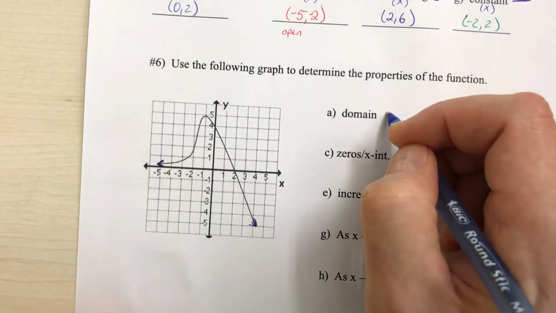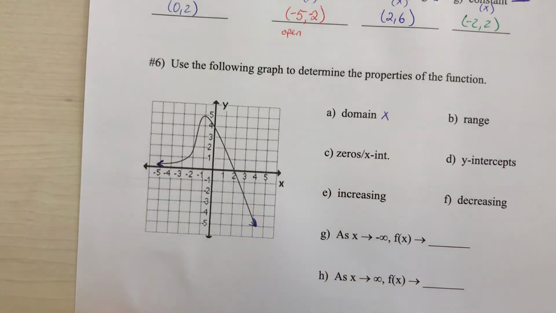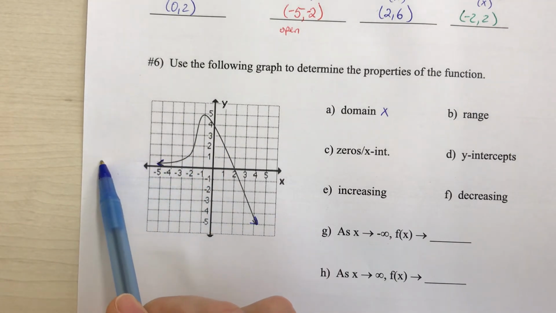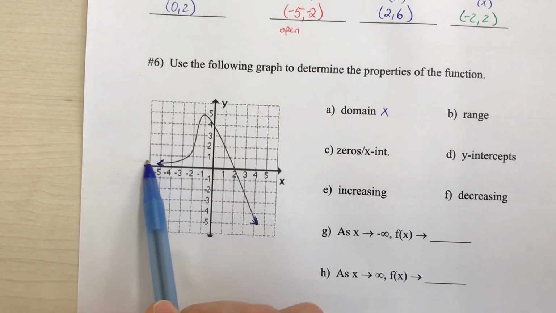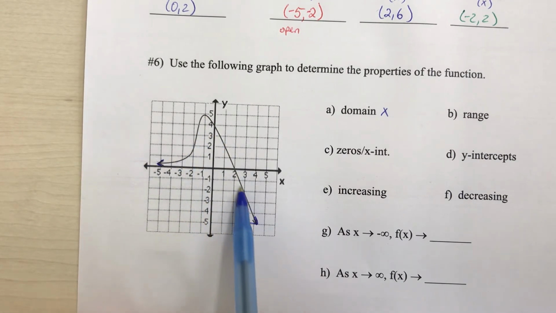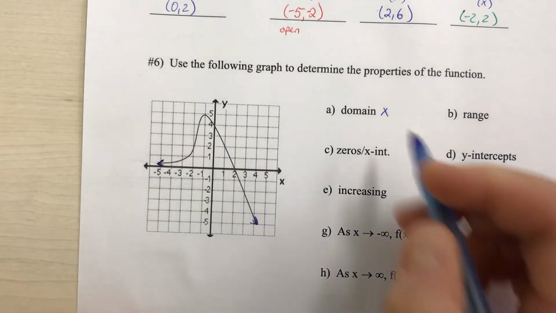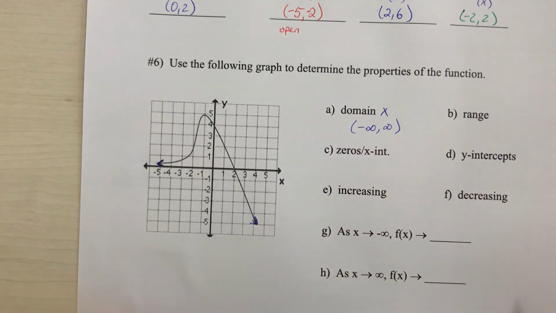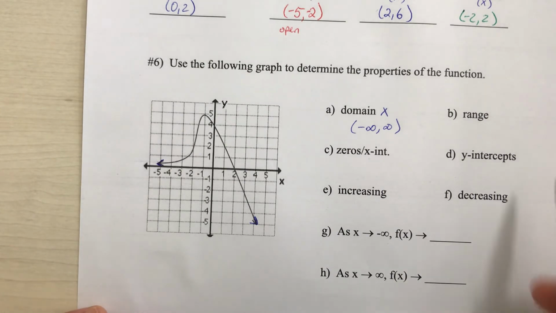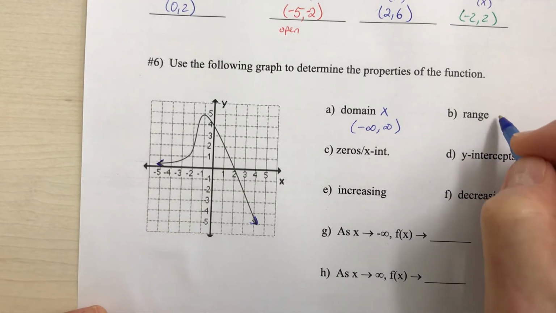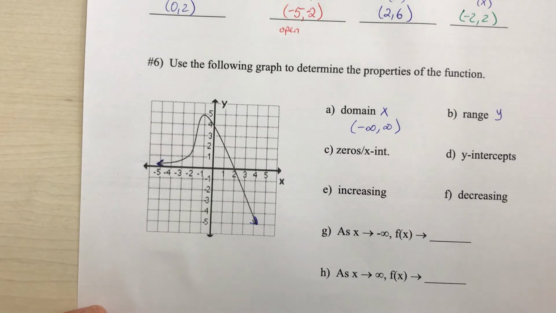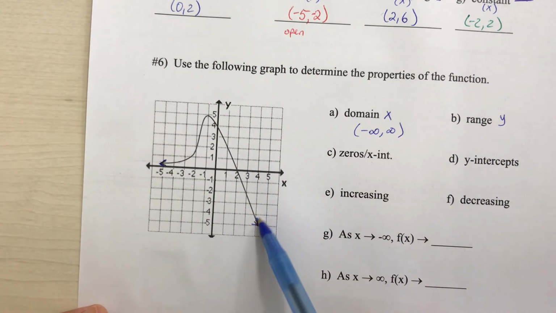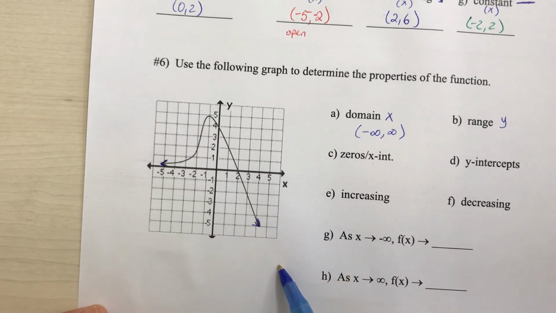Now domain is x's, so we're thinking left to right. Well, how far left? We're going to keep going to -infinity. And then we come through. How far right? Well, we're going to keep going to the right. So the domain is -infinity to +infinity. All right, now the range is the y values, so lowest to highest. The lowest value, well, we're going down here, and we're going to keep going down.